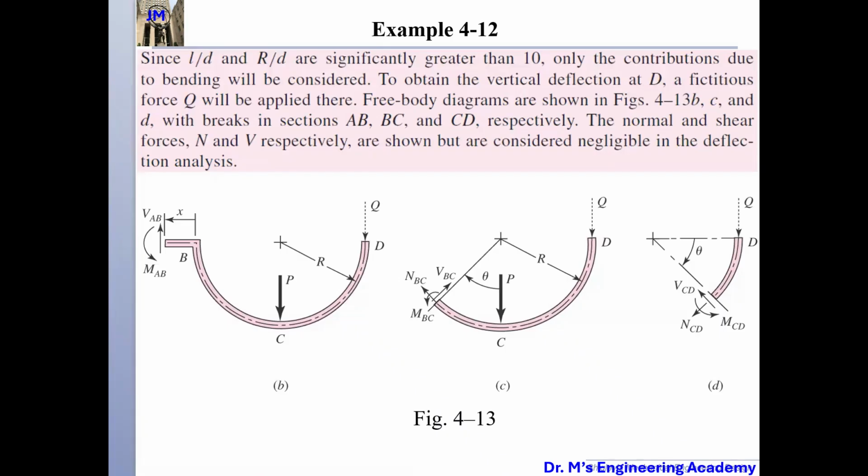Then plus the contribution of Q, and this Q is here. The effective arm of this Q is from here to a horizontal line which intersects at this point.